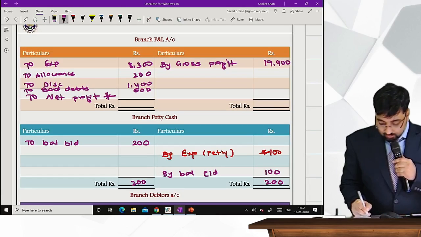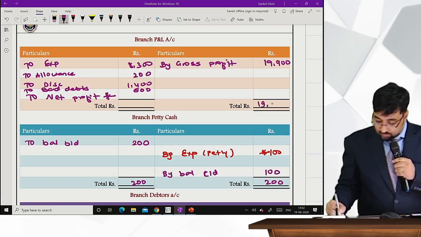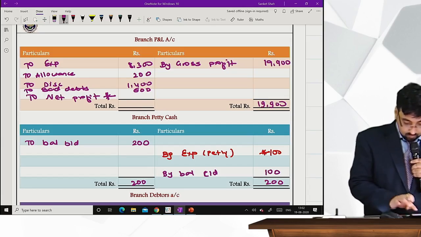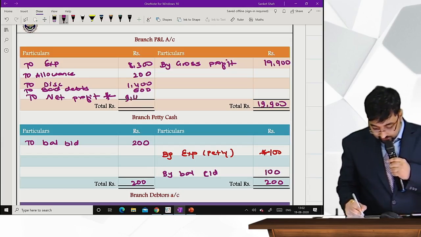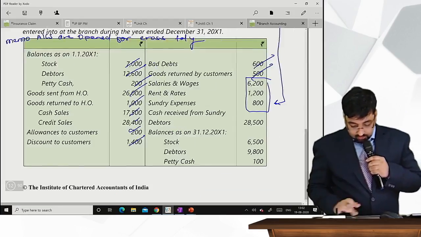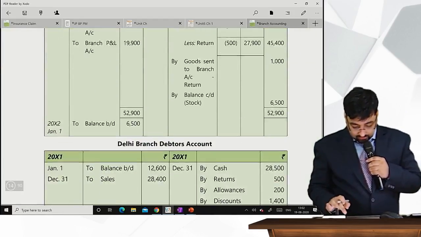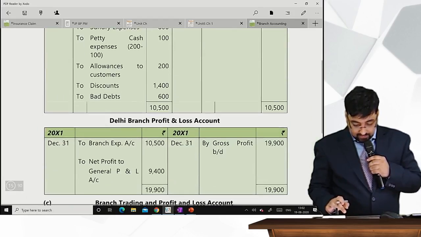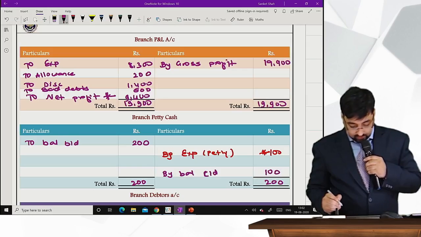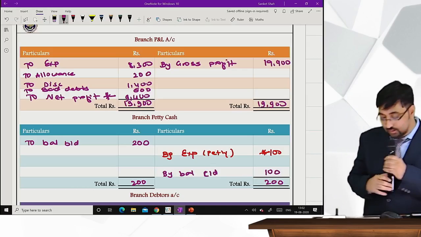So what is the net profit? I think this is 9,400. Yes, I'm getting the same net profit. You can check it. 9,400 is the correct answer in branch P&L account. 9,400, 19,900 is a total.